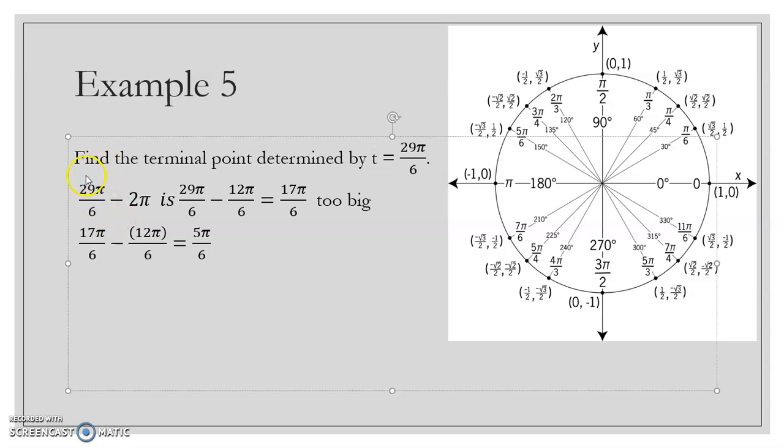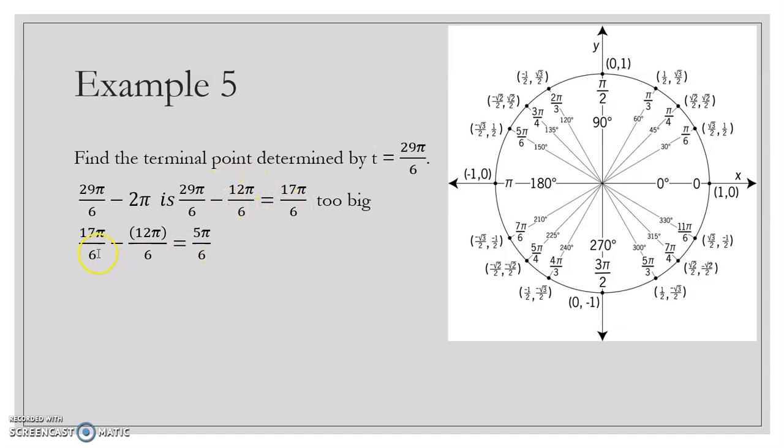Okay, so what I did is I took my original expression and subtracted 2 pi, or a full circle. Now, you will notice that when I did that, I had to get common denominators, and I subtracted, and I got 29 minus 12 is 17 pi over 6. Now, this is too big, okay? This is more than a full unit circle.